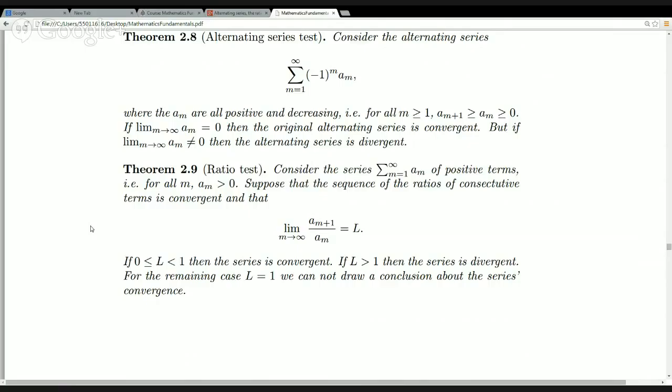In the tutorial exercises, you'll find examples of series which are decidable using these tests. Also check the Schaum's Outline of Calculus book. That's a very good book as well. It's got lots of solved problems, lots of practice problems, and some good sections on these tests.